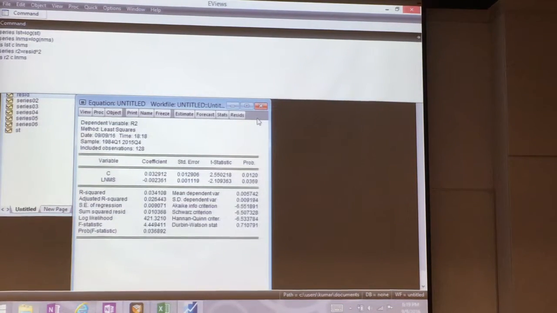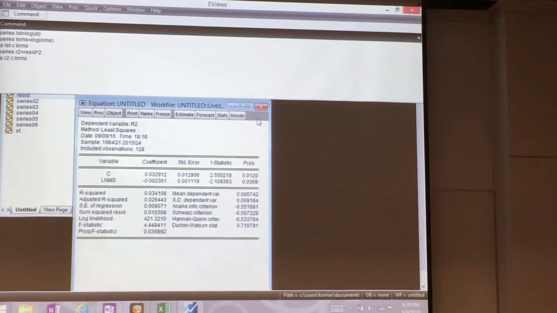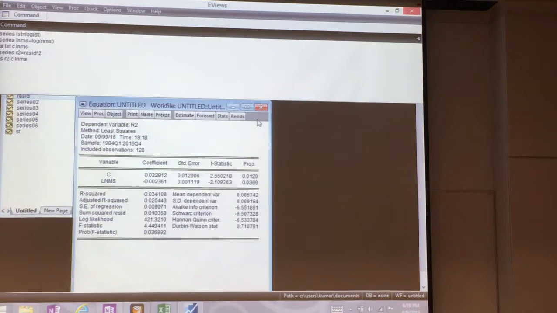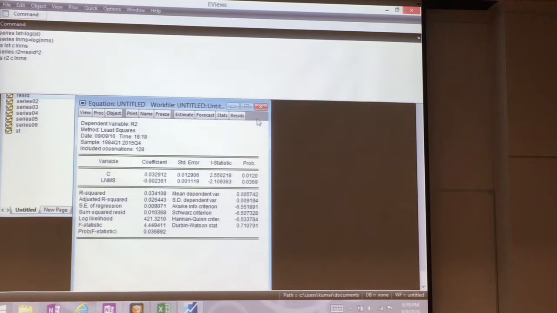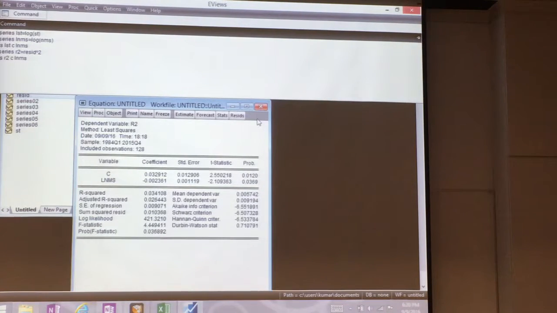Okay? Somehow I thought I have to know your group numbers, right? What is your group number? Hold on, your group number. You don't know. 15.